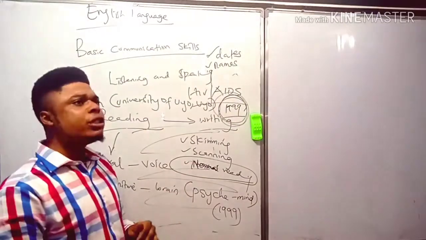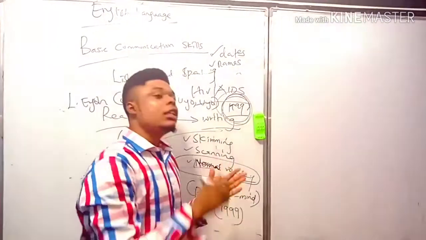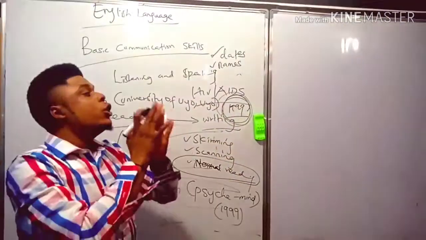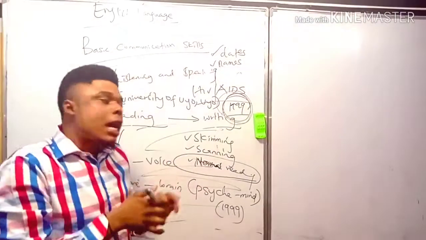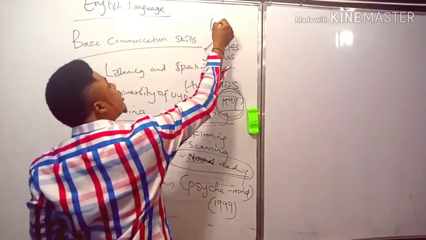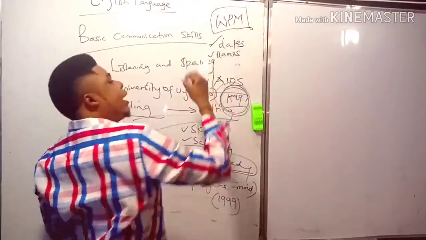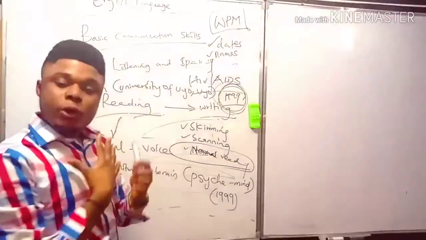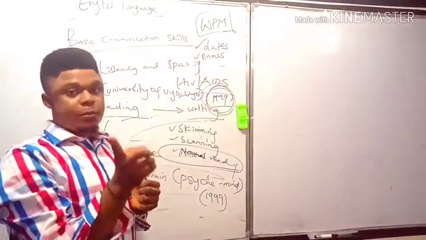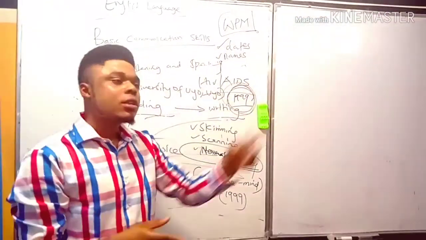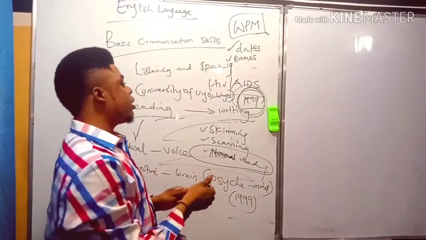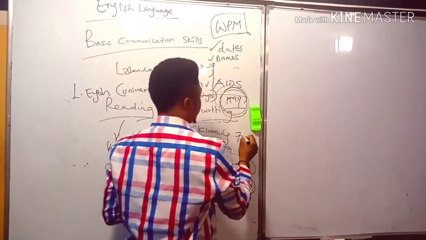So, normal reading, which is the one that is expected of every native speaker and every second language learner. So what is normal reading? This is a technique that involves one reading using his or her words per minute, WPM. Because my words per minute will be different from your words per minute, different from your friend's. For instance, I might be able to read like 70 words per minute.